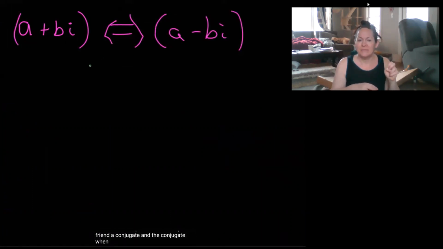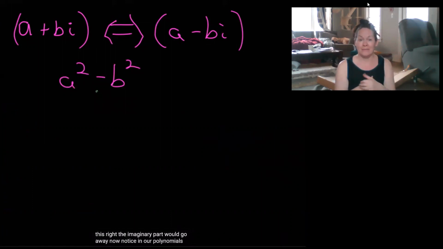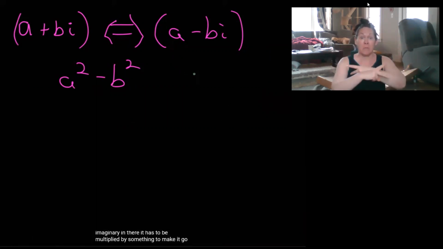And the conjugate, when multiplied together, would give us this. Right? The imaginary part would go away. Now notice, in our polynomials, we don't have imaginary coefficients. I don't have an i hanging out in front of the x's. So if there's something imaginary in there, it has to be multiplied by something to make it go away.